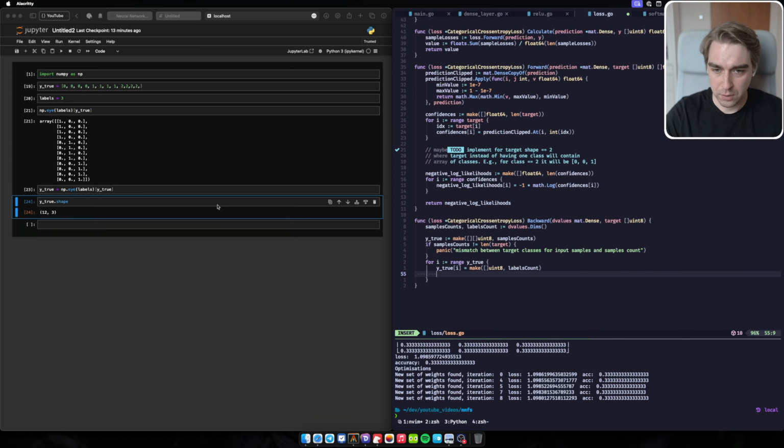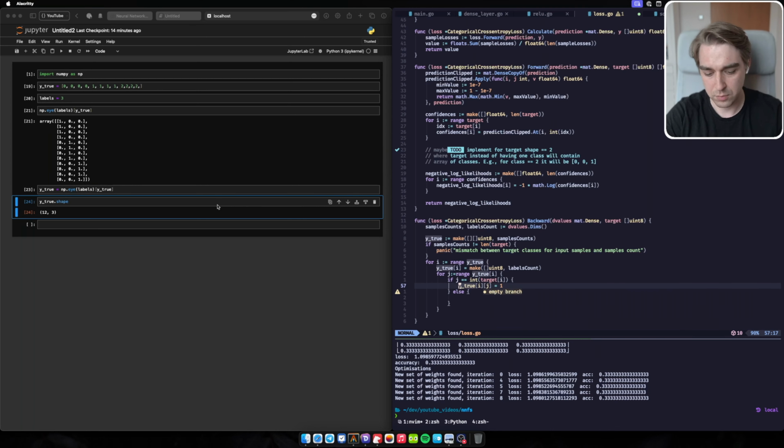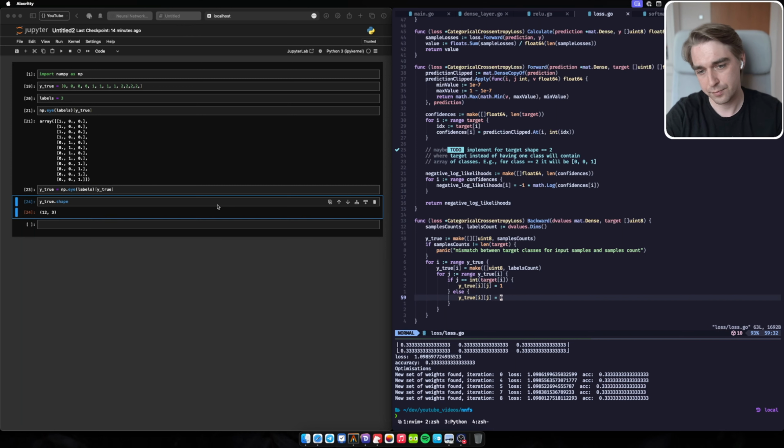Okay, then for range, if j equals target y, then we set it to 1, else that should be 0, right?